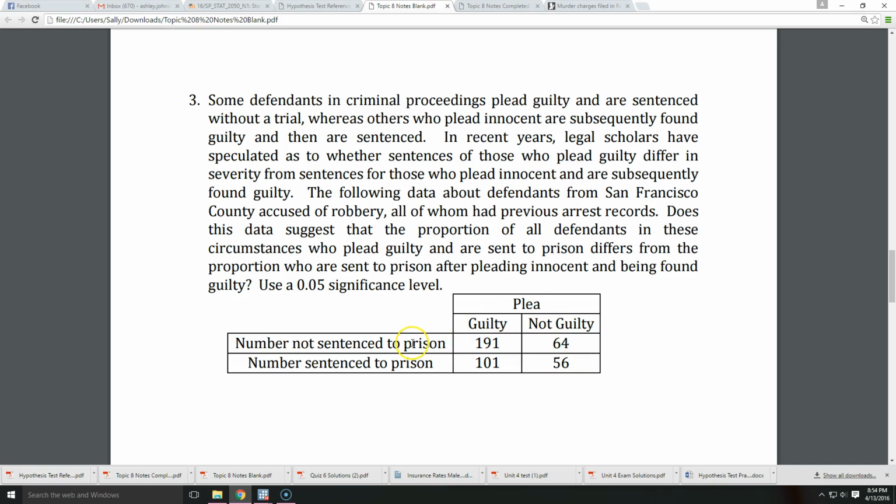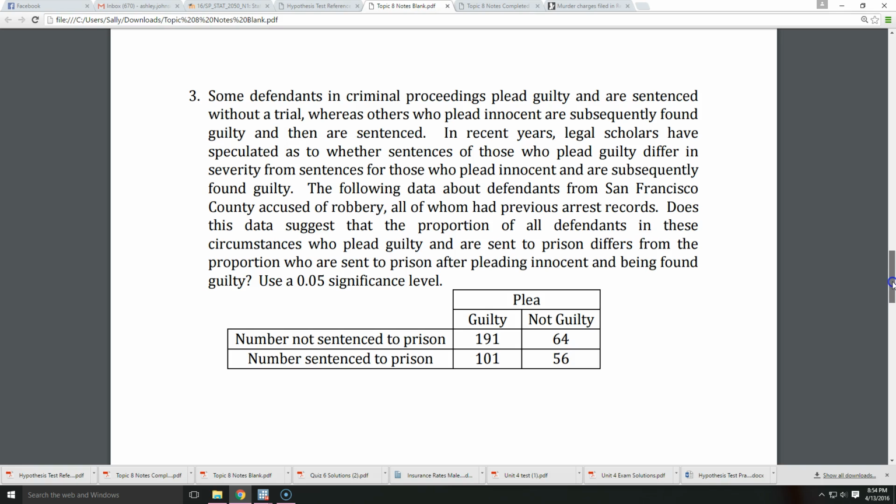Because sometimes people just automatically go across the rows and say, oh, okay, my sample size is going to be these two added together or these two added together. Or they go the other direction. So this one you actually have to think about. It's very interesting, and there are a lot of things about this problem that I would also want to know, like other things that could be predictive of whether or not someone is sentenced to prison besides just their previous arrest record.